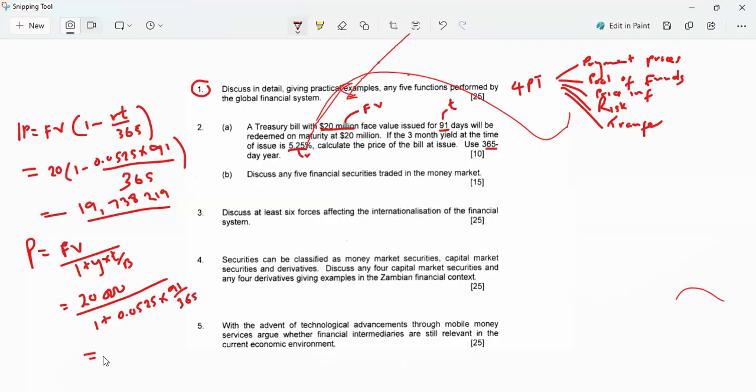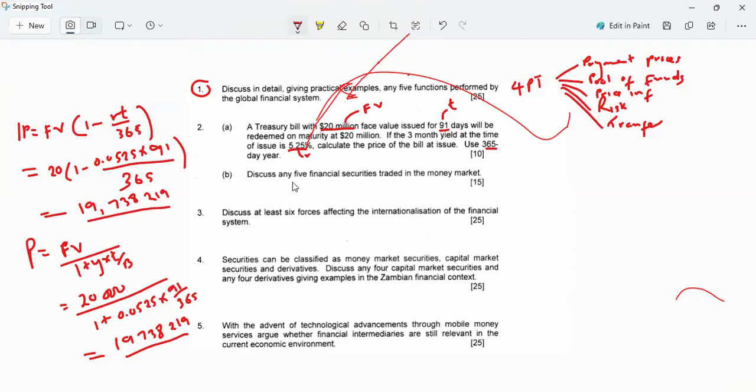So when you calculate this, you still get the same answer in that context, which is 19,738,219. So this is the formula that we use when we are calculating the issue price.